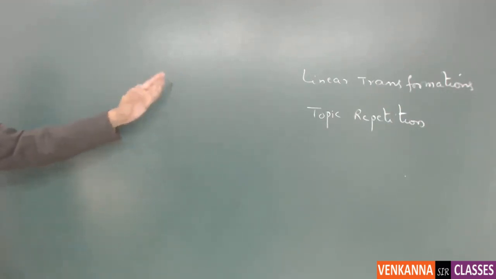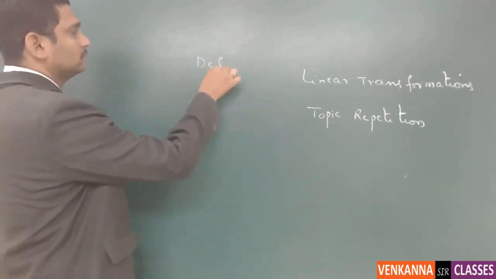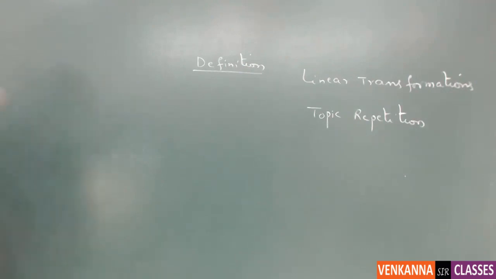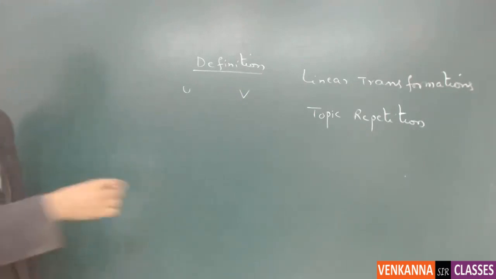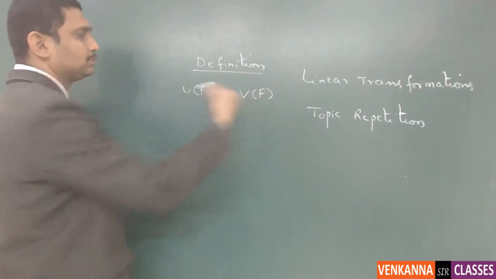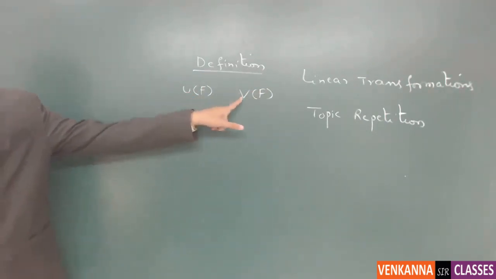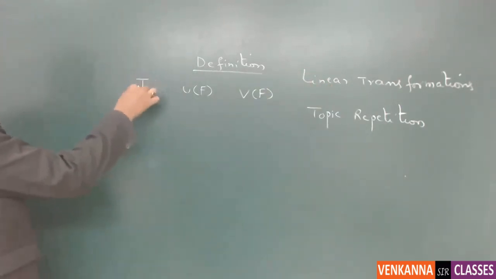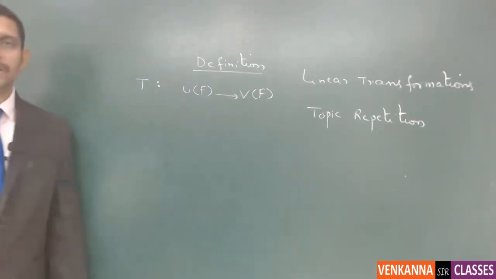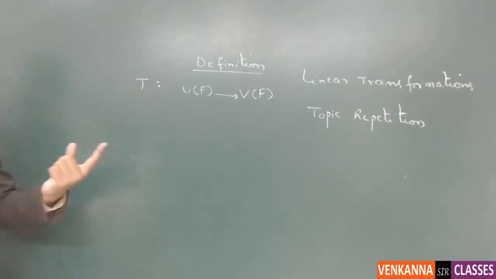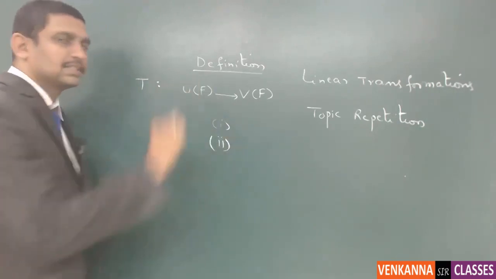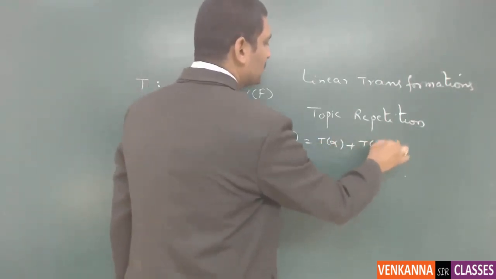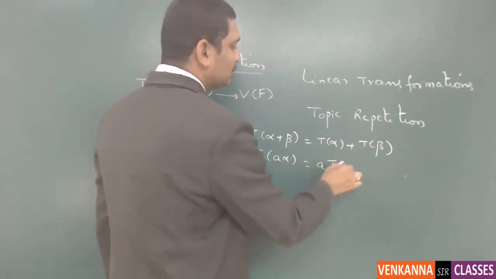Now, let us go with the definition of linear transformation first. Let us consider two vector spaces U and V over the same field F. So U is a vector space over F and V is a vector space over F. A linear transformation is nothing but a function T from U to V defined by a condition, which satisfies two conditions defined as T of alpha plus beta equals T of alpha plus T of beta, and T of A alpha equals A into T of alpha.